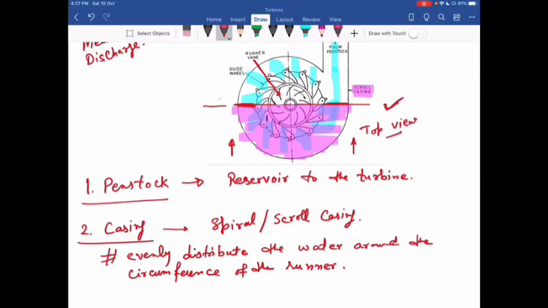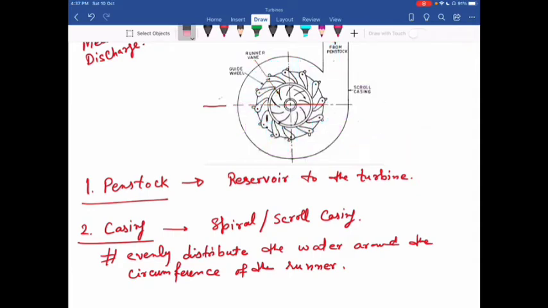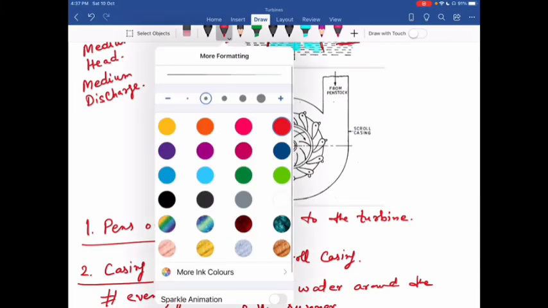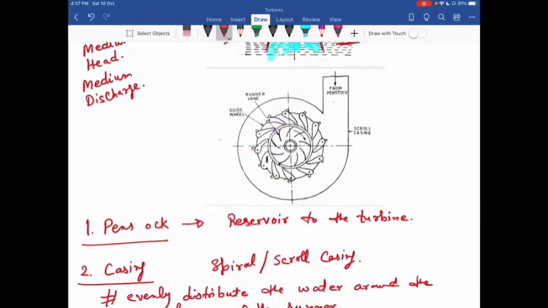You can see, the discharge formula is area into velocity.